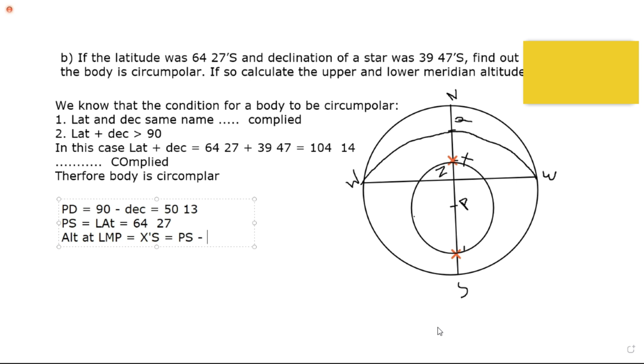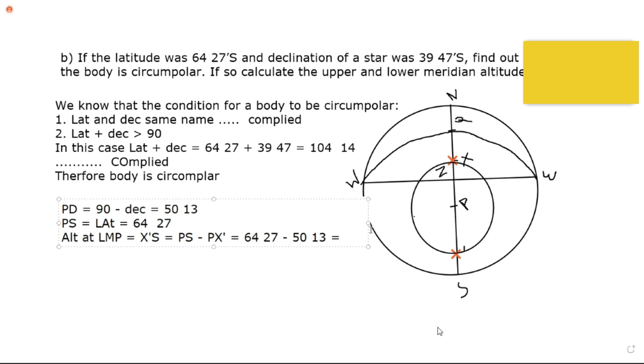P is, I know, equal to latitude, 64 degrees 27 minutes, minus calculated 50 degrees 30, let us see how much it comes.